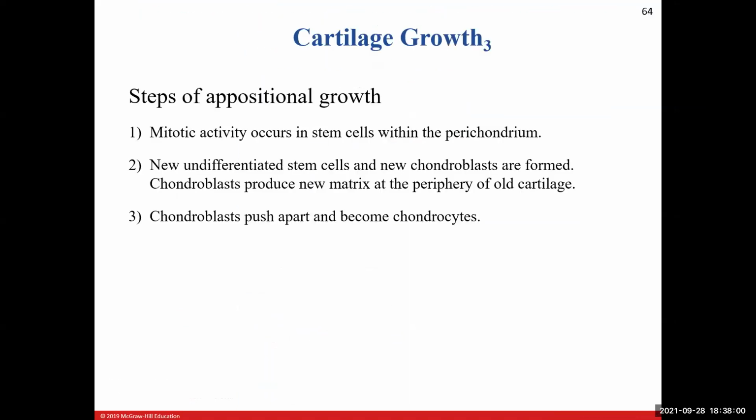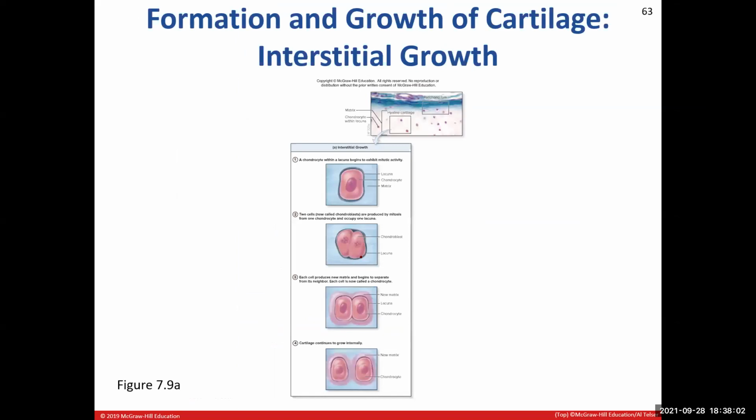They push away until eventually they have created their own individual lacuna. They're by themselves, and now they are a chondrocyte. And then they can divide again, and this whole process starts over. So this is how cartilage grows internally, or interstitially.